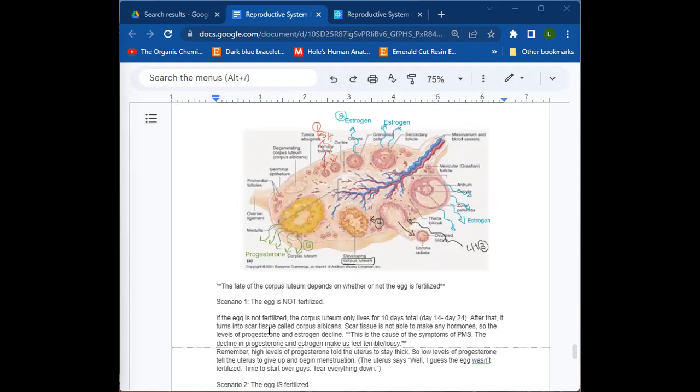And so that means that low levels of progesterone tell the uterus to give up and begin menstruation.